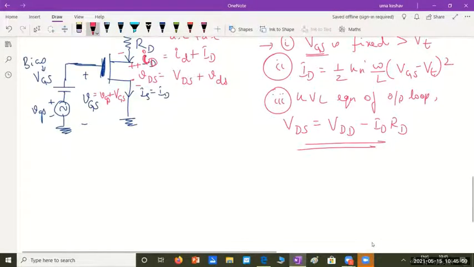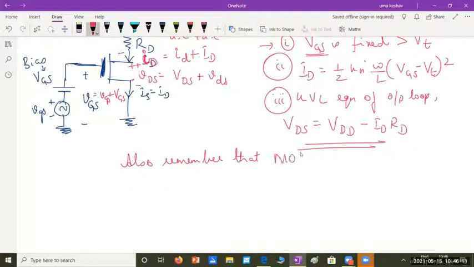And one more thing you should remember also: a MOSFET remains in saturation only if the drain voltage is greater than VGS minus VT.